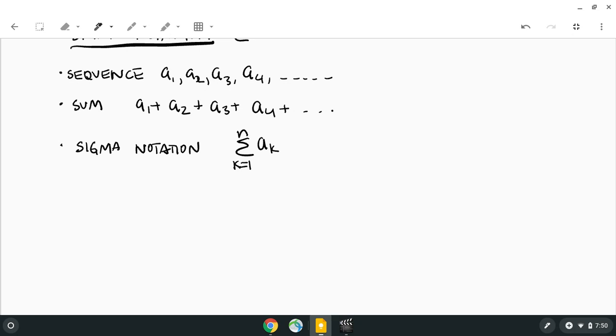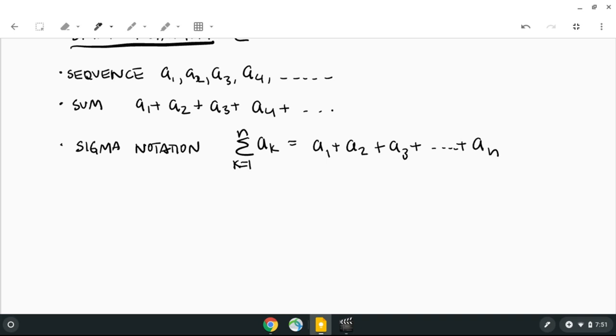So this here means you will be adding starting from the first term all the way up to the nth term. We don't know what that n is. It could be anything. It could be 50.